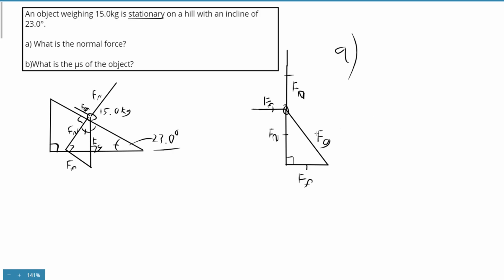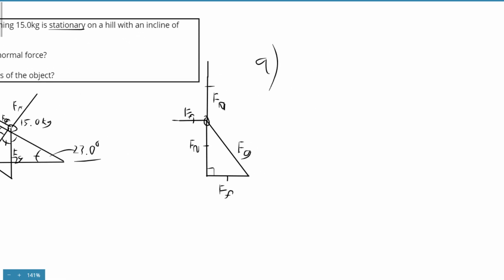Yeah, so first we can find the weight. We need to use the formula F equals ma.